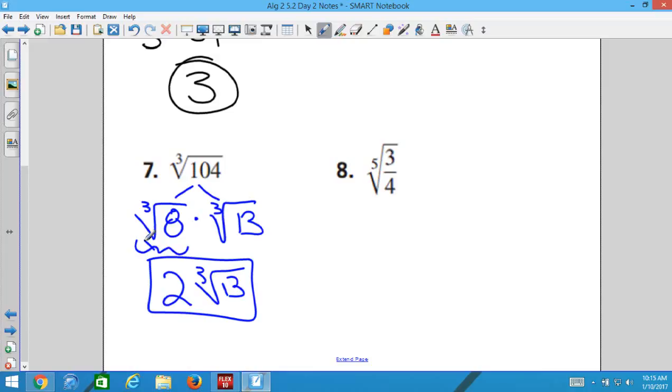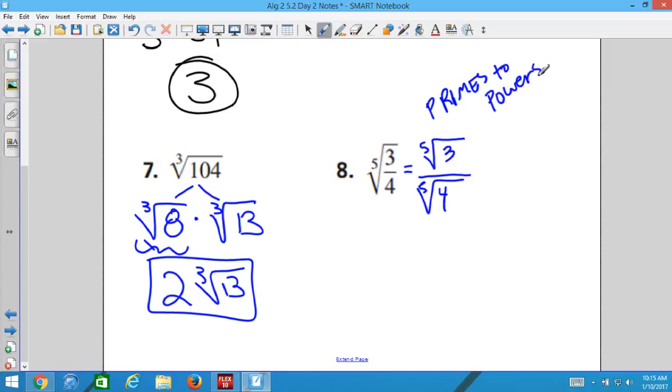Number 8. Does 3 divided by 4 divide evenly? No, it does not. So this would be the kind where we're going to have to separate it, and then write as primes, powers, anything I can.